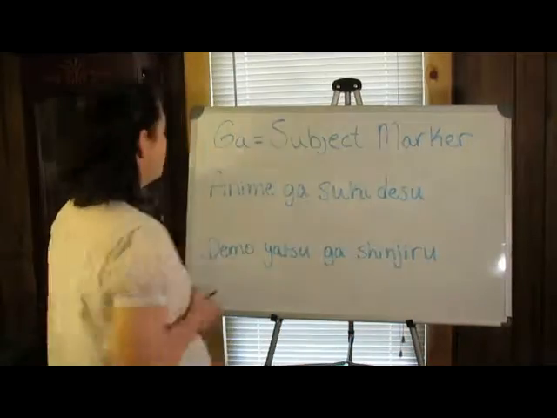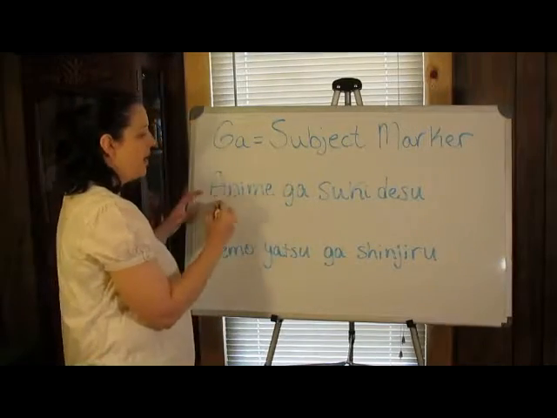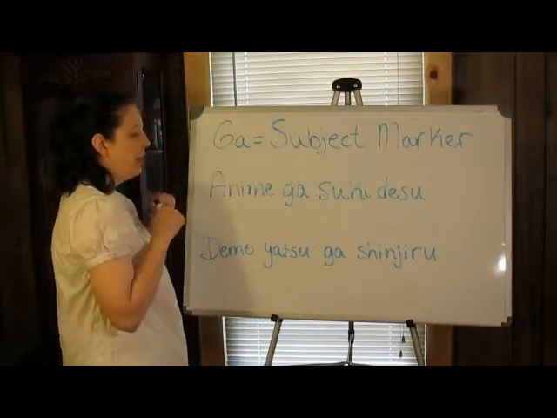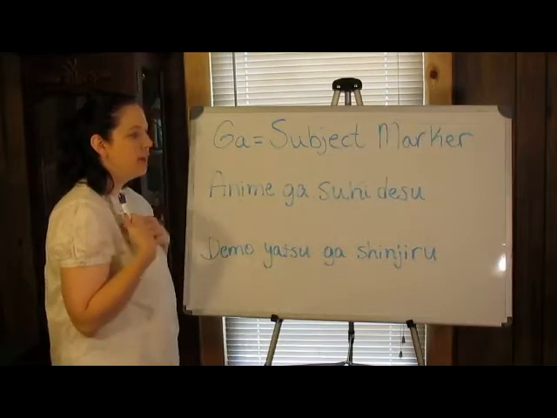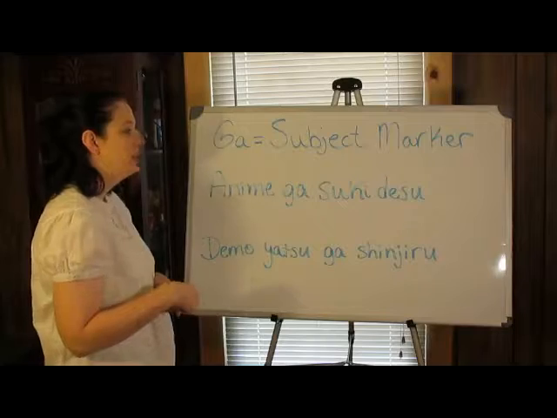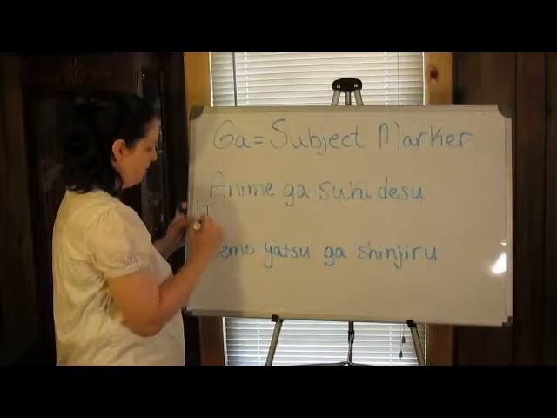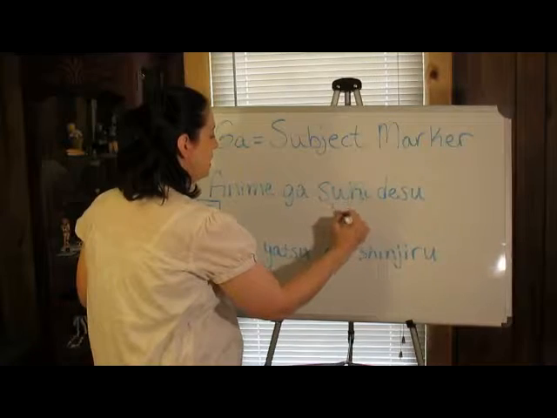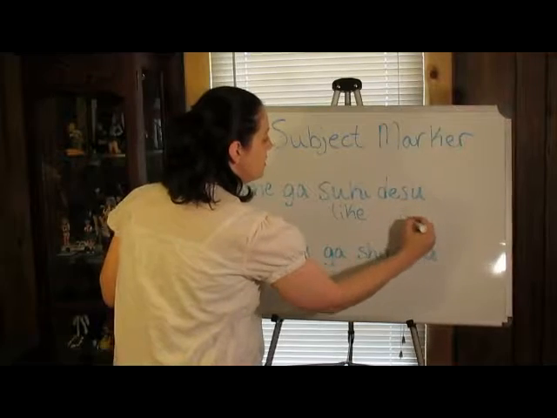So in our first sentence, anime ga suki desu, what we are saying is anime like is. And since I'm talking and I'm not asking a question, I'm just talking, you assume that I is the topic. So this little I right here is implied. So this suki thing, this means like, and this is or do.